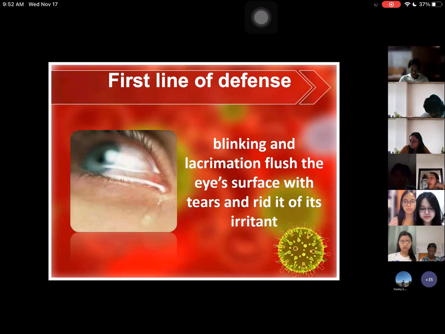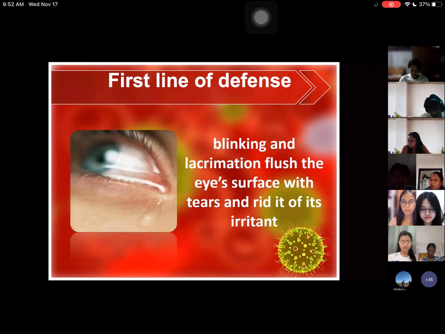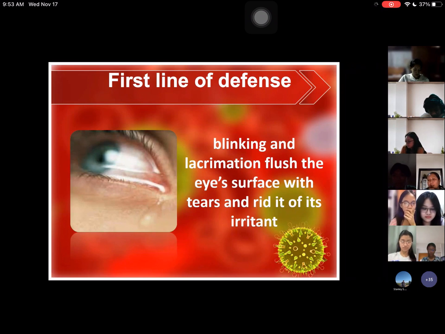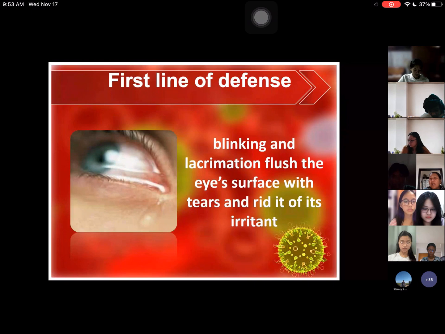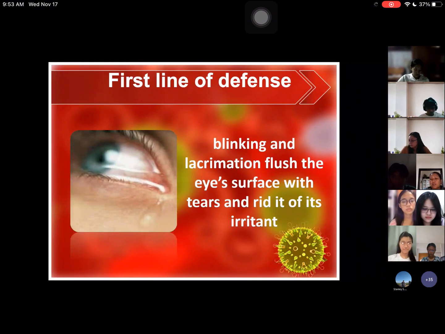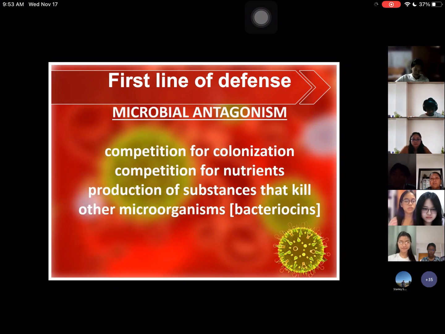So if you cannot cry, diba, they usually advise us to flush with plenty of water, to clear your eyes of something or to get rid of that something that's present in your eye. So blinking and lacrimation flush the eye surface with tears and get rid of irritants, okay.